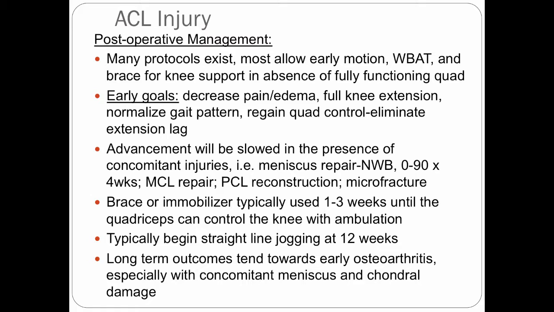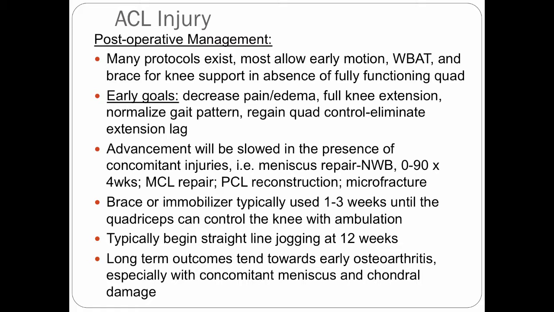The immobilizer or brace is usually used in the first 1 to 3 weeks, locked out in 0 until you can start gaining control of the quadriceps for normal ambulation. They'll typically begin with straight line jogging at 12 weeks. And then long-term outcomes tend towards early osteoarthritis, especially with concomitant meniscus and chondral damage.